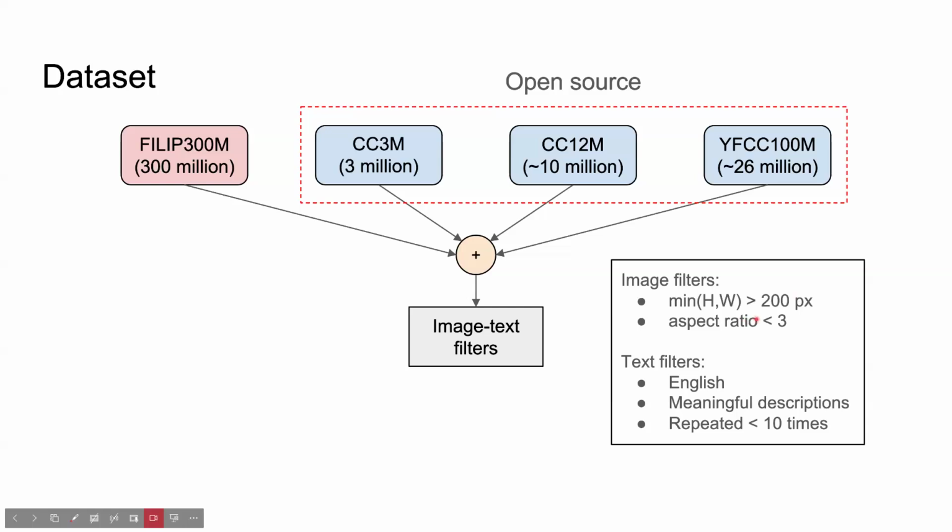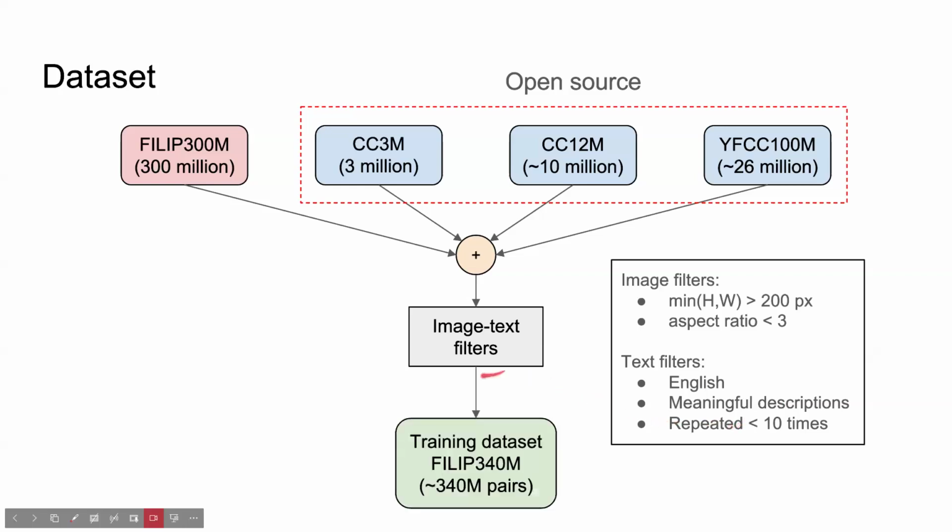You don't want it to be too wide. And for the text, the sentences must be English. They must be meaningful, so you can't have something like image 0, for instance. And text must be repeated less than 10 times. And afterwards, you come up with about 340 million pairs, and they call this FILIP 340M.